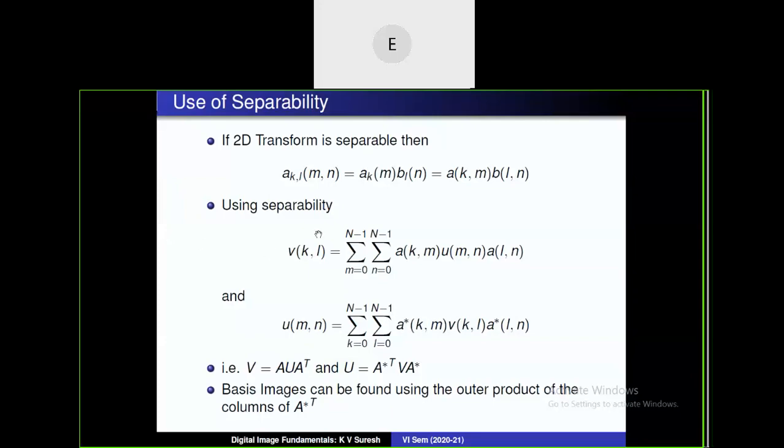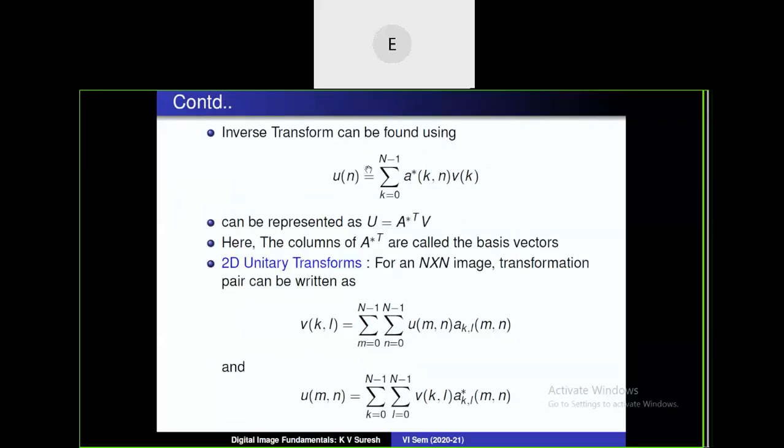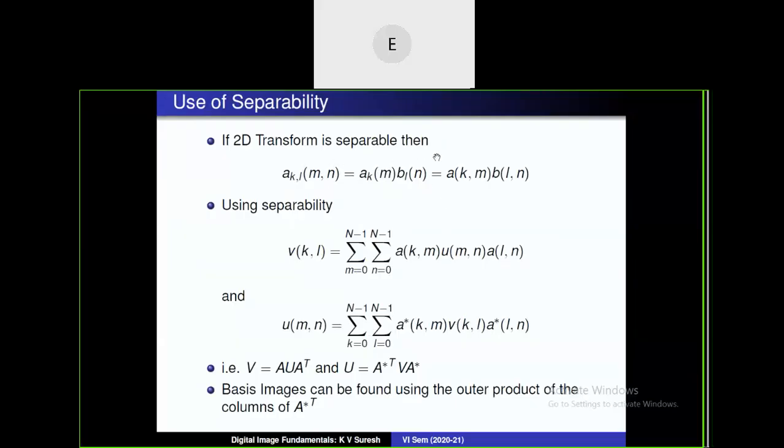So this is how we can represent. We can use, in fact, the separability to represent any forward transformation in terms of matrix multiplication. Please note here, this transformation matrix A is one dimensional transformation. Whatever we have done here is enough. That's what is the advantage of separability.